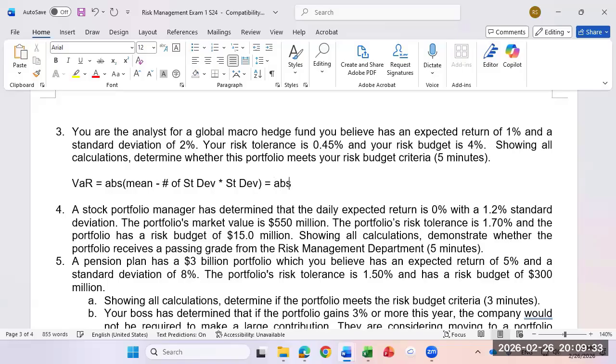So in this class, this time you got the absolute value of an expected return of 1% minus the number of standard deviations. What do you need for that? The risk tolerance. What are you going to look for in the table? Can you do that off the top of your head? 0.955.